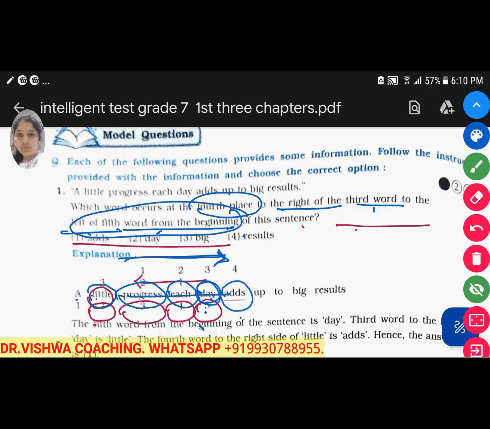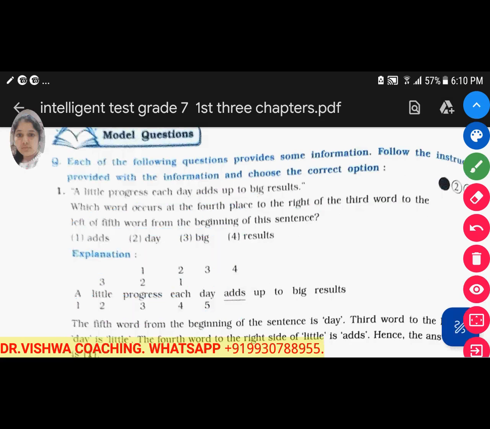So from day we move to the left hand side and calculated the third word which is little, and now we find the actual answer, which is the fourth place to the right of this third word. So to the right we are moving, and we calculated the fourth word to the right of the third word which is left of the fifth word from the beginning. So our answer must be adds.